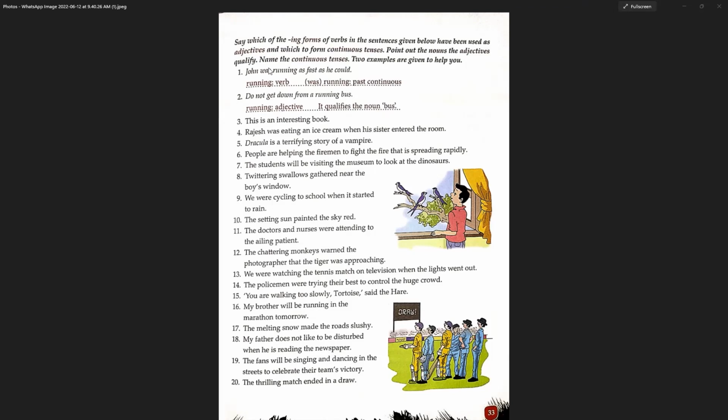Name the continuous tenses. 2 examples are given to help you. Sinadi, can you read out the 2 examples given? Okay, teacher. Yeah. John, do not get down from a running bus.